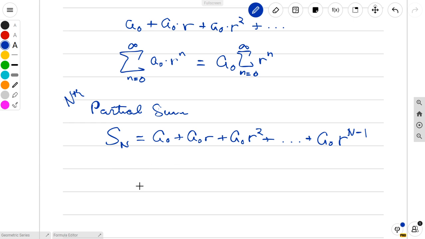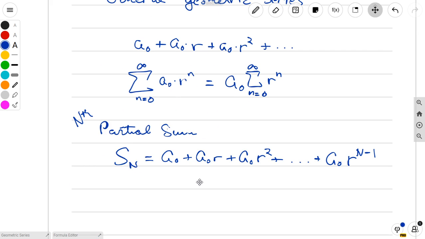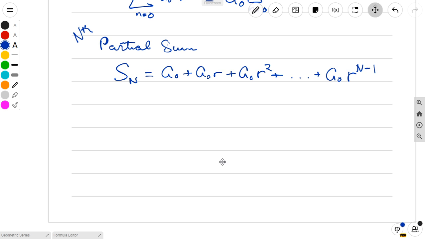What I'd like to do is prove the formula for what this nth partial sum is going to be equal to. And if you watch my previous video where we actually proved that this geometric series here was equal to 2, this is going to be proven in much the same kind of way. So what we're going to do is multiply both sides of the equation by r.